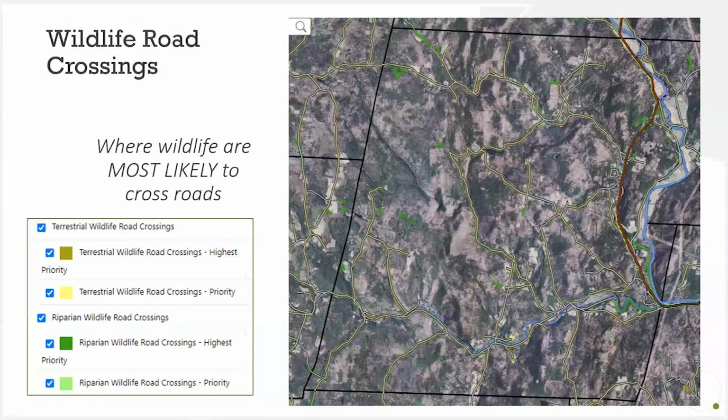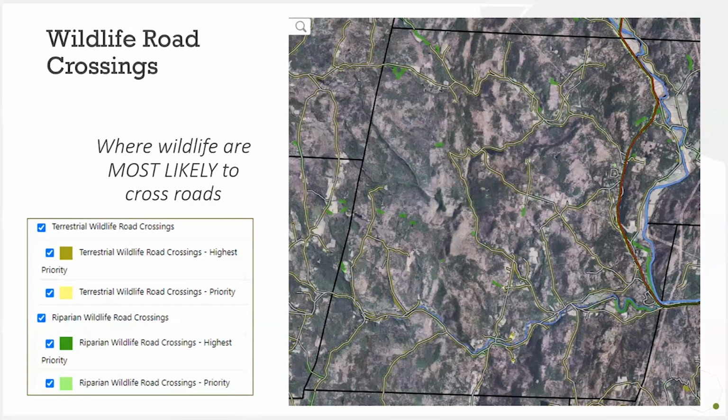One other data set you'll find in BioFinder is the wildlife road crossings. This is a model-based data set. So we looked at structural elements on the landscape, where is there forest cover or wetland cover next to a road, and used that to predict where we think wildlife are most likely to cross the road. Keep in mind, this is model-based.